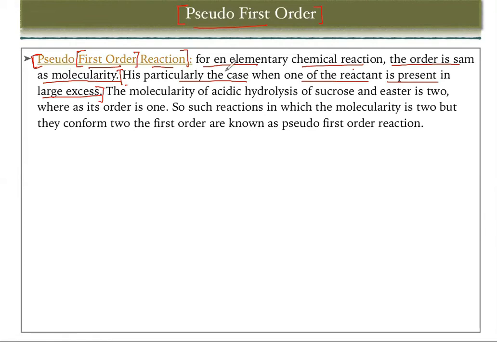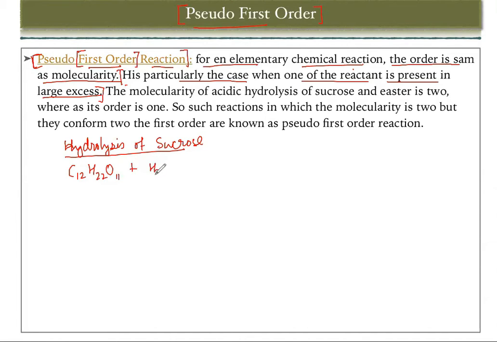Okay. So to explain this concept, let us take the example of hydrolysis of sucrose. We know the sucrose formula is C12H22O11.